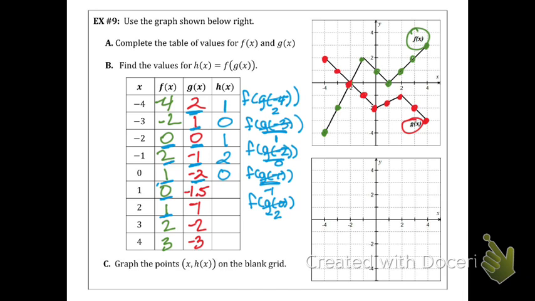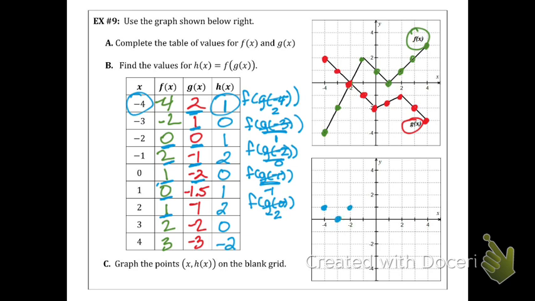And then we just keep following that pattern, okay? So we end up finding that f of g of 1 is 1, f of g of 2 is 2, f of g of 3 is 0, and f of g of 4 is negative 2. And then once we graph the points on the grid, x comma h of x. So we're just going to graph the negative 4, 1. Negative 3, 0.